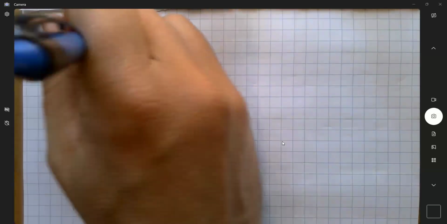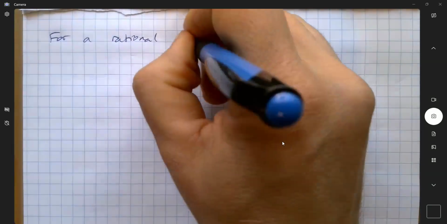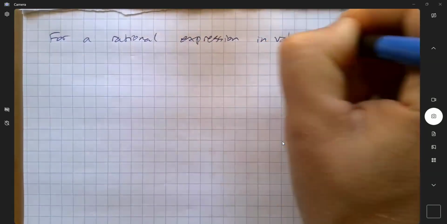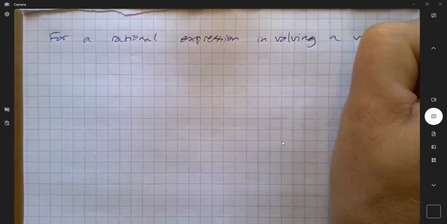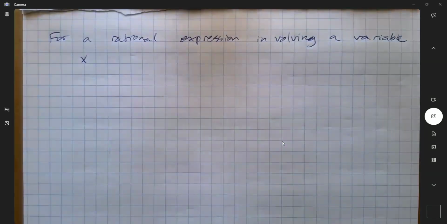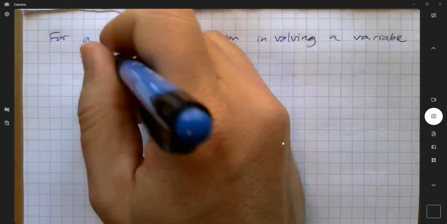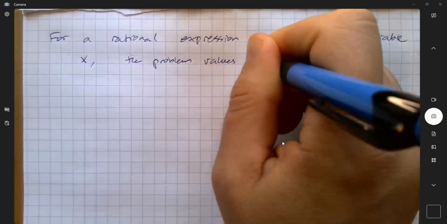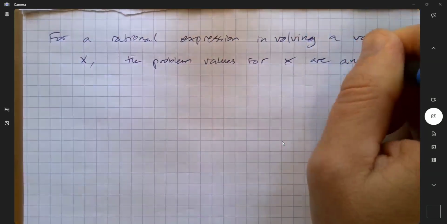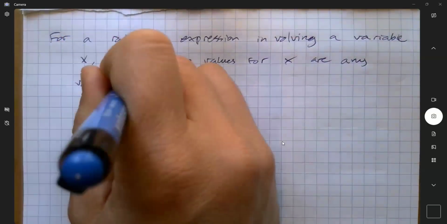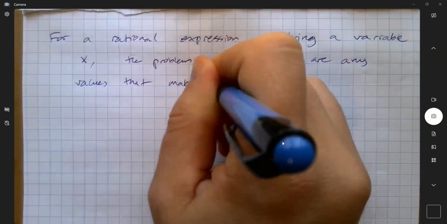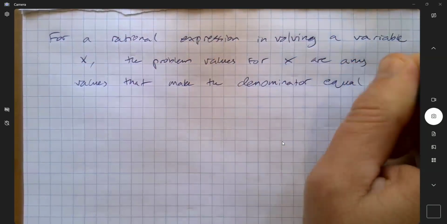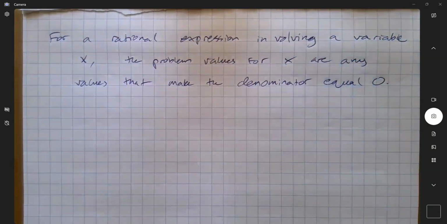Okay, so for a rational expression involving a variable, I'm going to use x, but it could be m or p or z, involving a variable x, the problem values for x are any values that make the denominator, the bottom, equal 0.